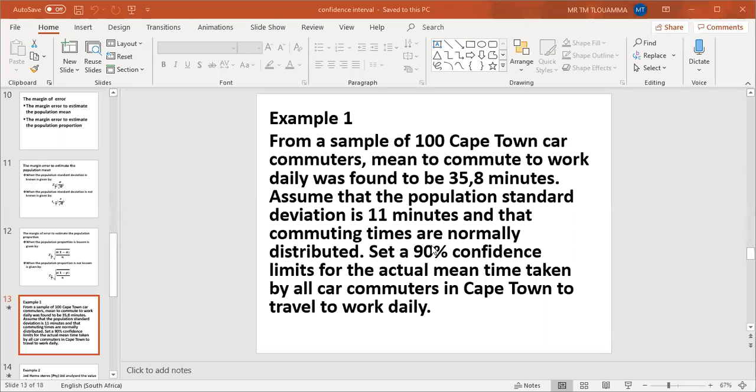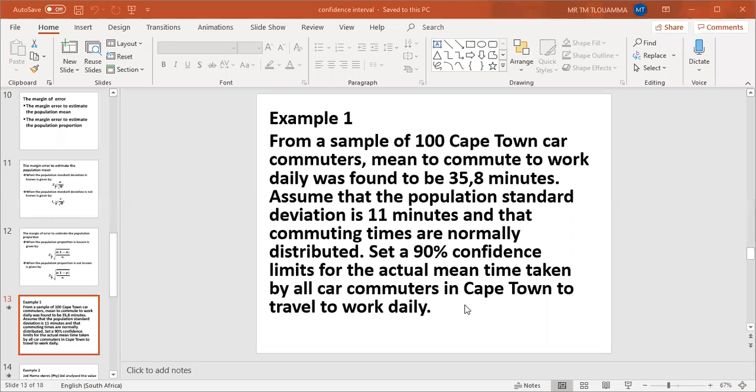Set a 90%. So they have given you the percentage, which we have to convert into a decimal. The overall percentage is 100, so we say 90 divided by 100, which gives us 0.9.